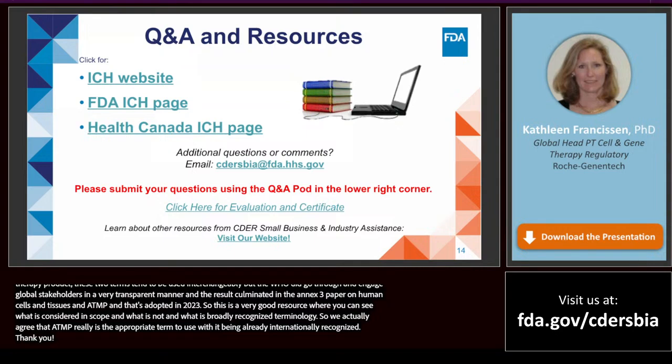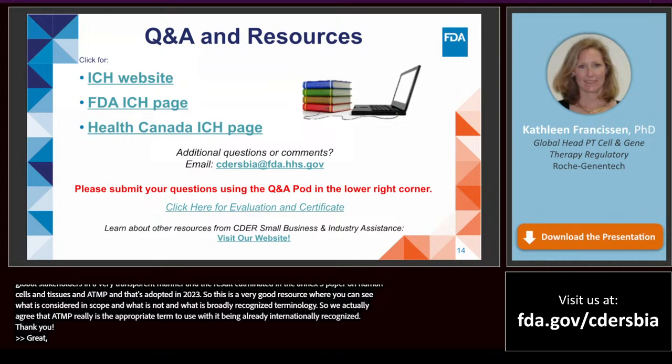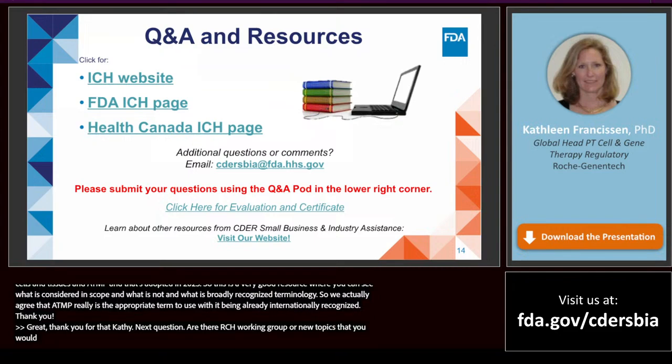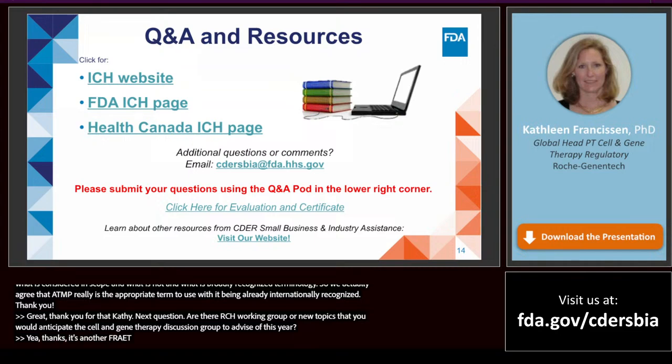Great, thank you for that, Kathy. Next question: are there ICH expert working groups or new topics that you would anticipate the cell and gene therapy discussion group to advise on this year? Yeah, thanks. That's another great question. As I mentioned, we have been asked by the ICH Q1, Q5C expert working group to provide input, and we've done that.